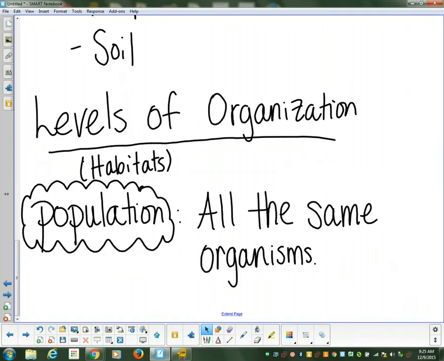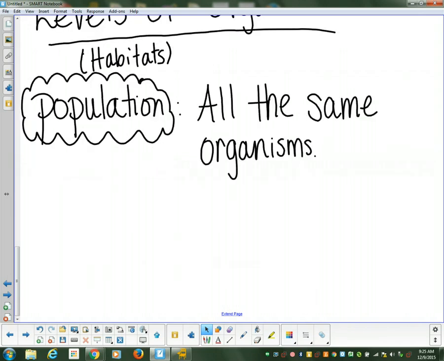So, population. Now, a population consists of something else. In terms of organisms, we can also refer to them as species.